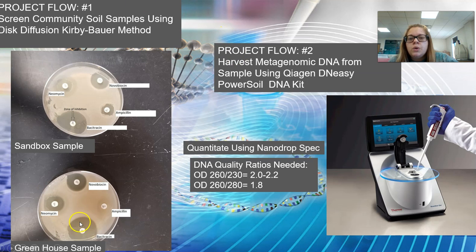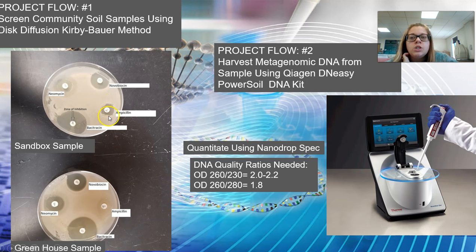This slide shows the procedures that we did throughout this project. The first one that we started with was the Kirby-Bauer method, and this was to find antibiotic resistance in our samples to begin with. We used different antibiotic discs, and some of these pictures are not from our actual samples.